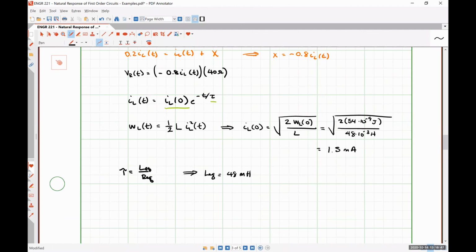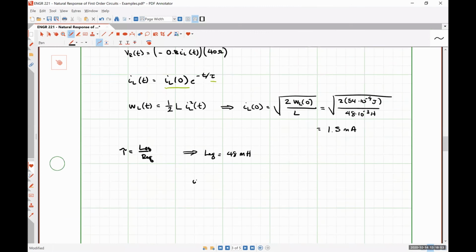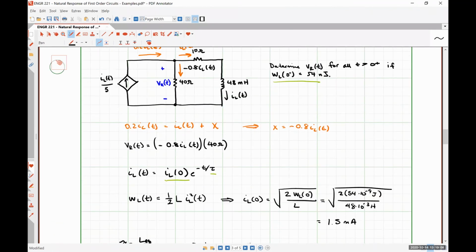That's pretty straightforward. So what we're going to need to do is then to determine the resistance seen looking in from where the inductor was, which, let's see.